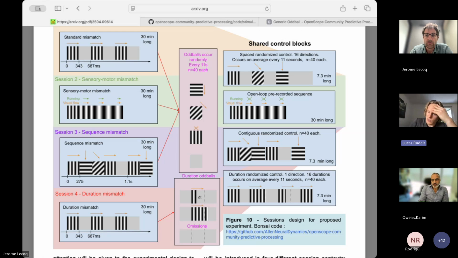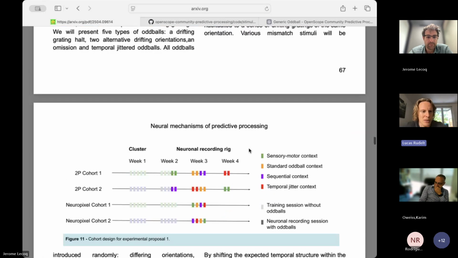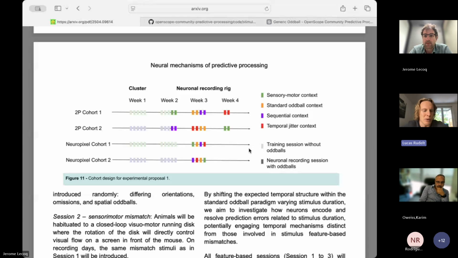Yeah, makes sense. Just one high-level question, Tom. I'm not up to date anymore with the paper. So the idea was to have all the mismatches in a single experiment, or only the controls, and then we have individual experiments per mismatch. So you see figure 11 here?